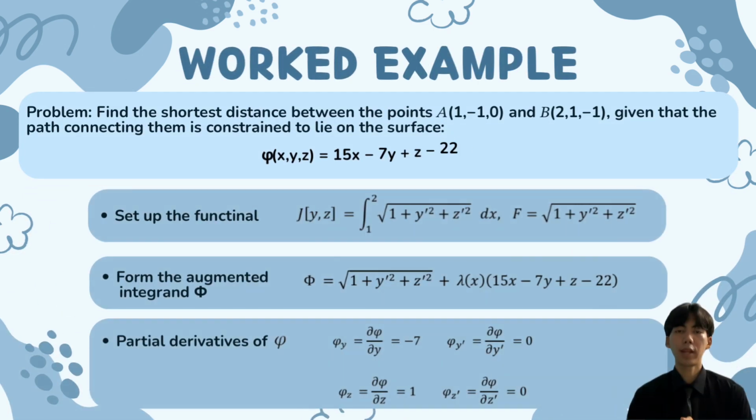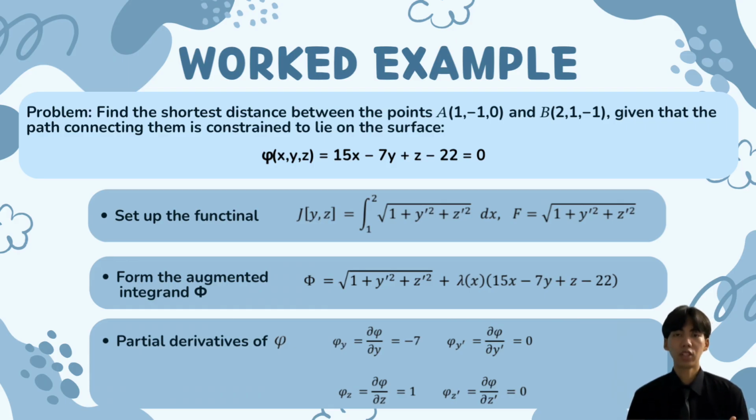To see this method applied concretely, consider the following problem: find the shortest distance between the points A, 1, negative 1, 0, and B, 2, 1, negative 1, given that the path connecting them must lie on the surface phi of x, y, z equal to 15x minus 7y plus z minus 22 equals 0. Both points can be checked directly against this equation, and both satisfy it, confirming that A and B do lie on the surface.